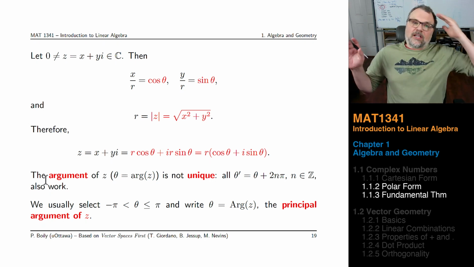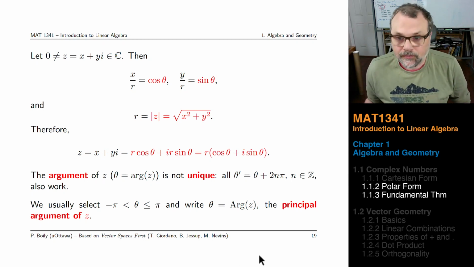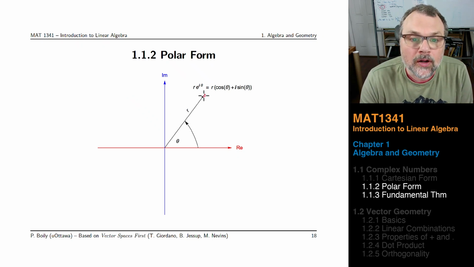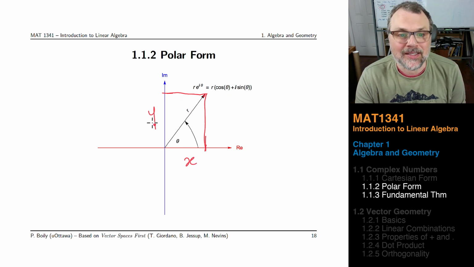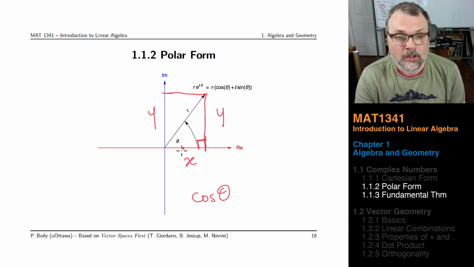In fact, what's the link? Well, if you take any point, let's go back to this point here, and we're going to call these coordinates, these lengths, x and y. Well, we remember from trigonometry how to link x and y with the angle theta. Like we know how to compute, say, the cosine of theta. So this is the right angle triangle.